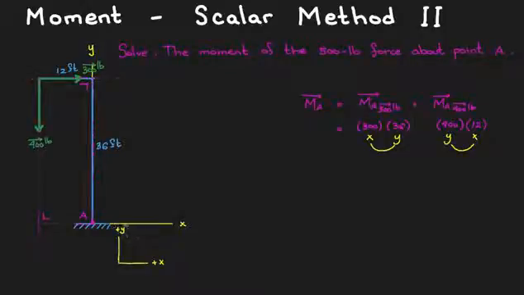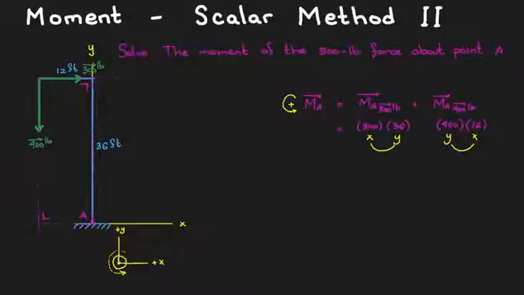According to the orientation of these two axes, the positive z-axis is pointing out of the screen, and when you point your right thumb along the positive z direction, which is out of the screen, your forefingers will want to curl in this particular direction. Well, this particular direction is what is considered the positive moment direction. 300 times 36 and 400 times 12.